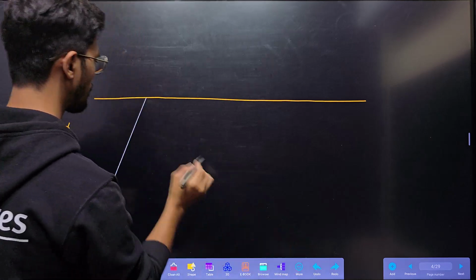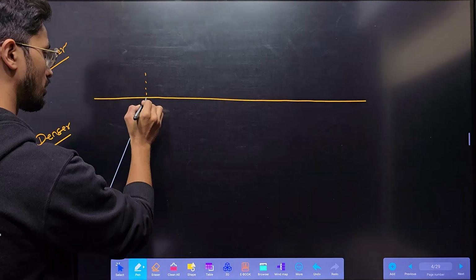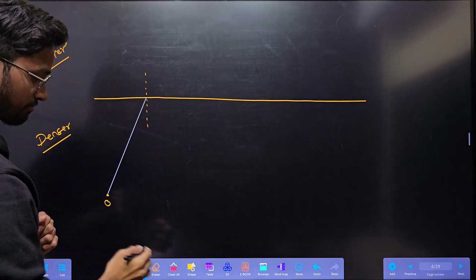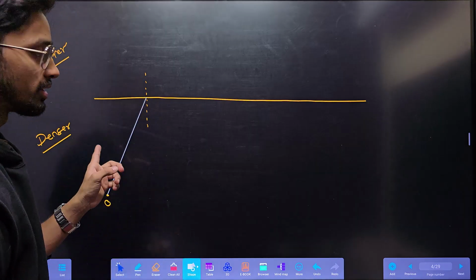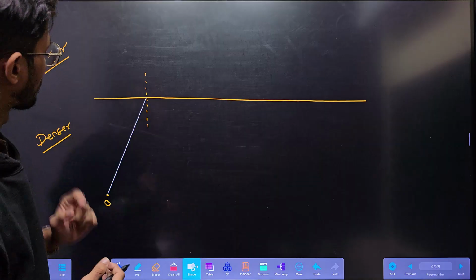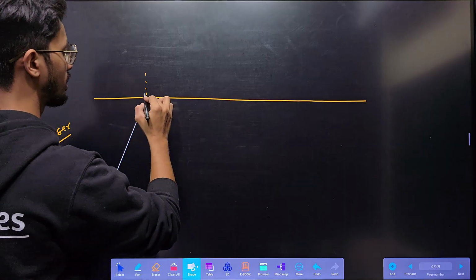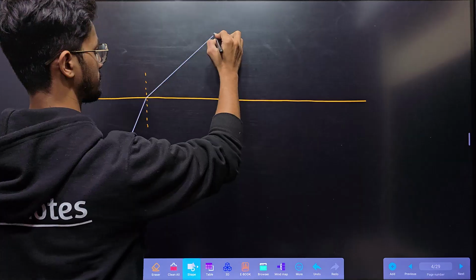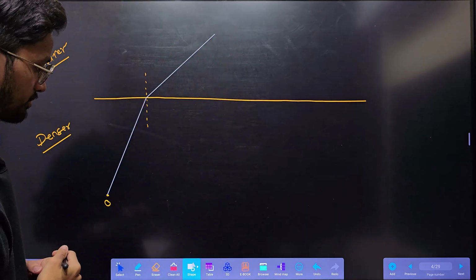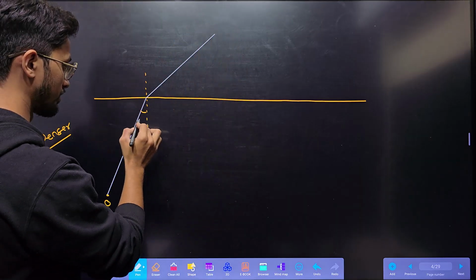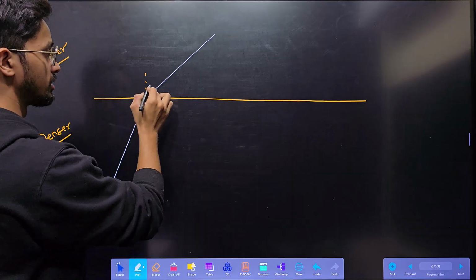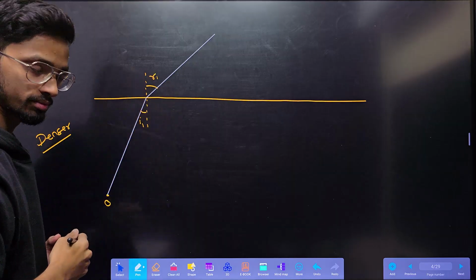And this will be our normal. Now, will it bend towards the normal or away from the normal? It's going from denser to rarer, so it will bend away from the normal like this. This is the angle of incidence I1. This is the angle of refraction R1.